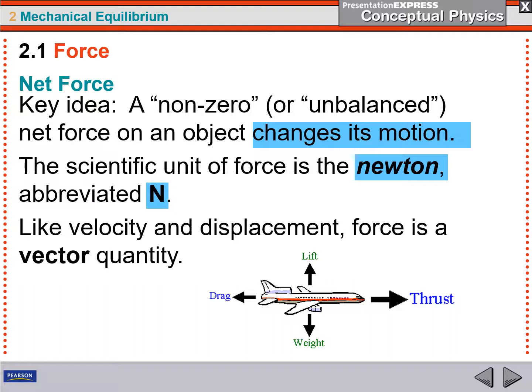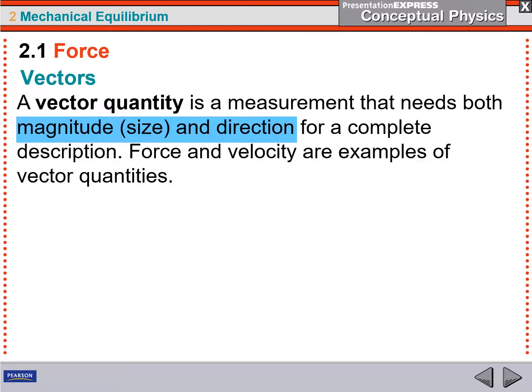A new term that we also need to introduce at this point is the term vector quantity. Force is an example of a vector quantity. What that means is it's a measurement that needs both a magnitude, or size, and a direction in order to completely describe what's happening.